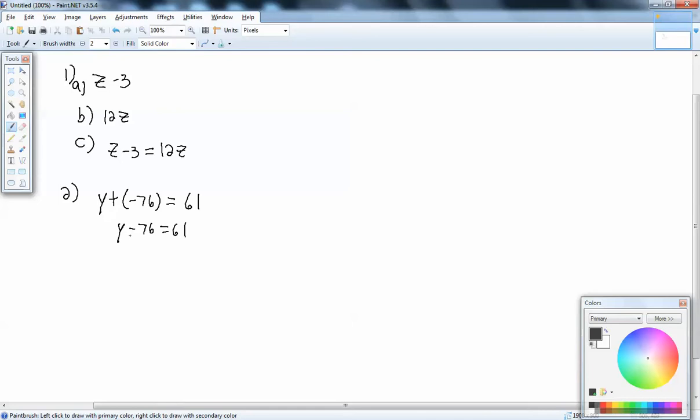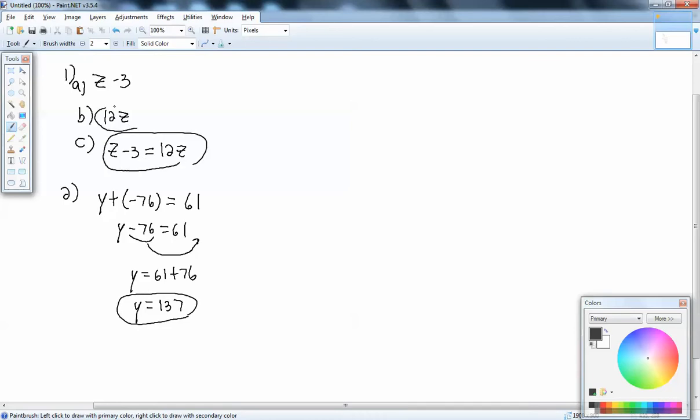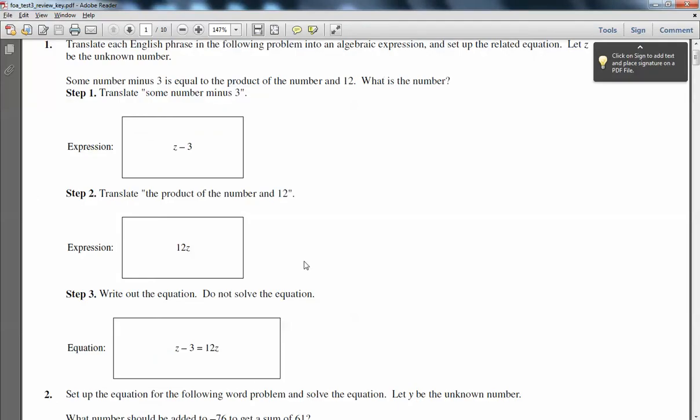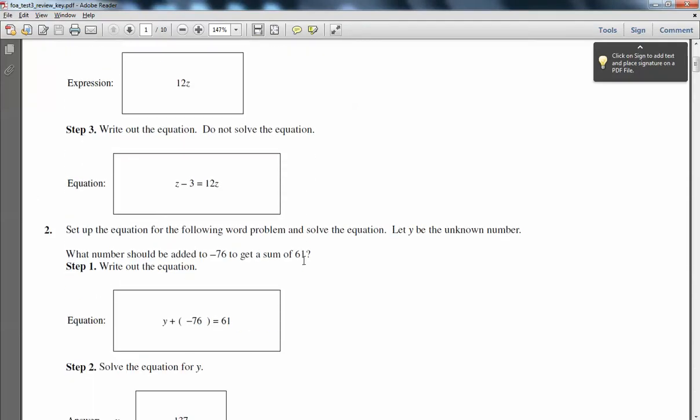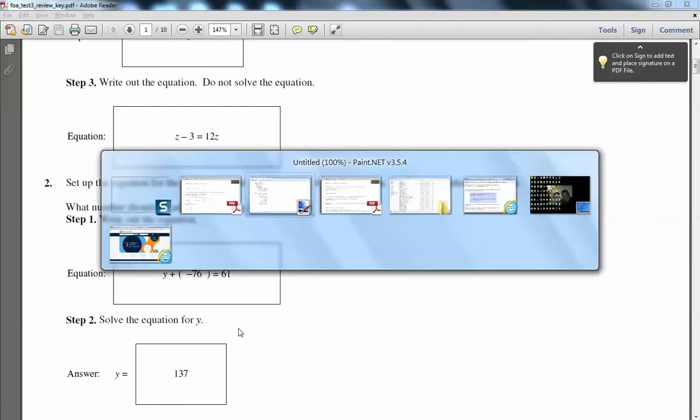I'm going to take this 76, move it over to the right side. So we got y is equal to 61 plus 76, which gives us 137, I believe, which should be our answer. Okay, let me double check myself here. 137.